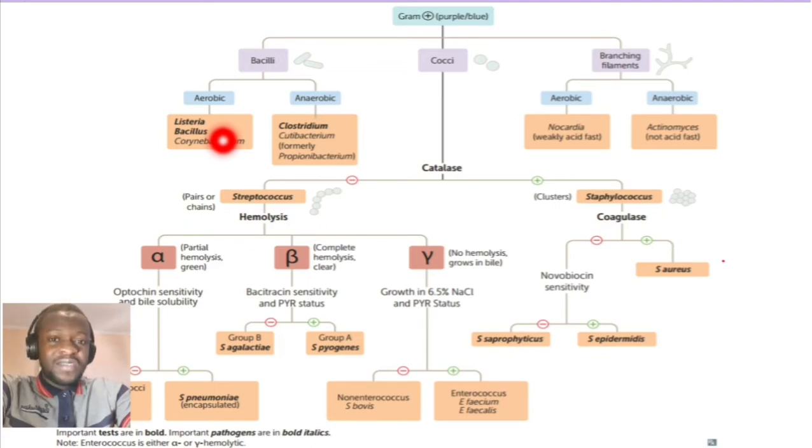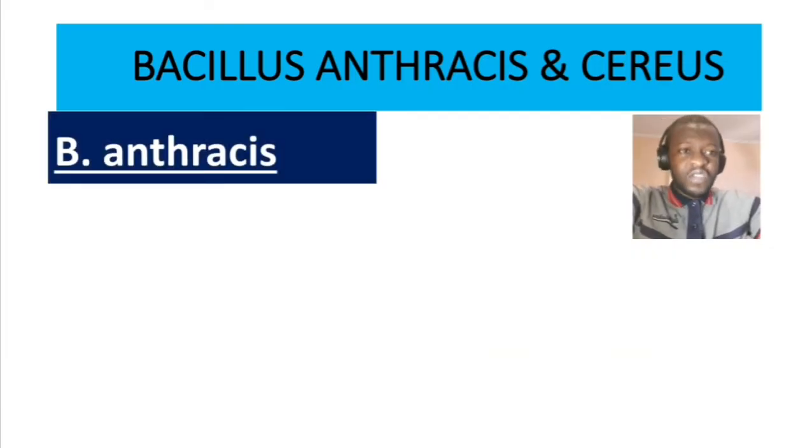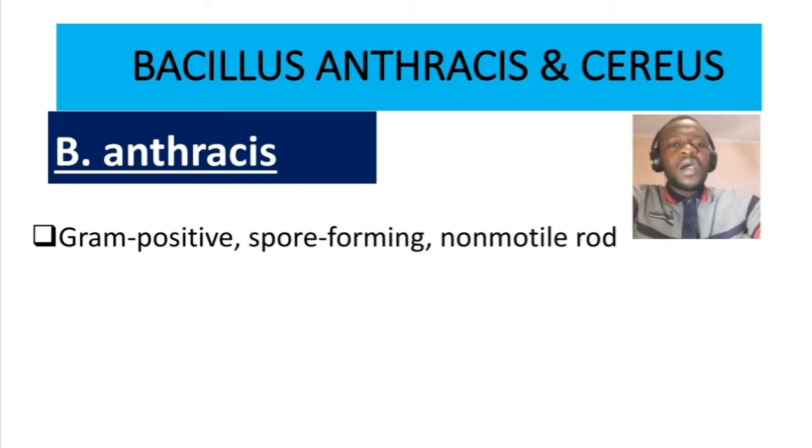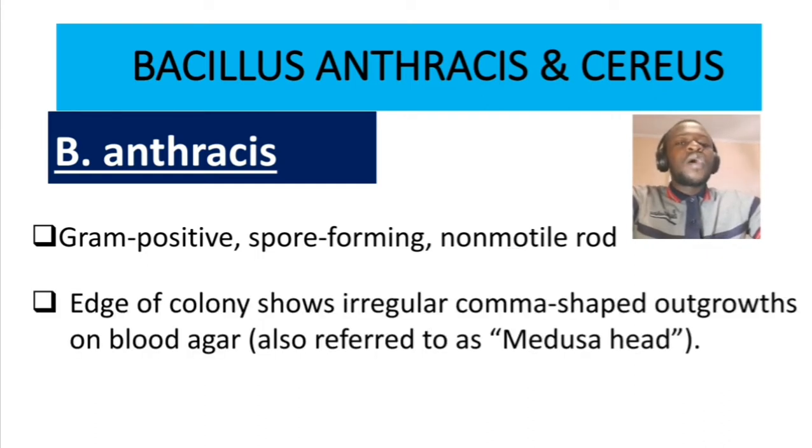So let's restart, starting with Bacillus anthracis. This is the causative agent for anthrax, of course. It is a gram-positive spore-forming non-motile rod. On culture, the colony shows irregular comma-shaped outgrowths on blood agar.